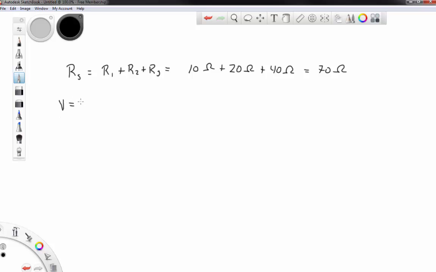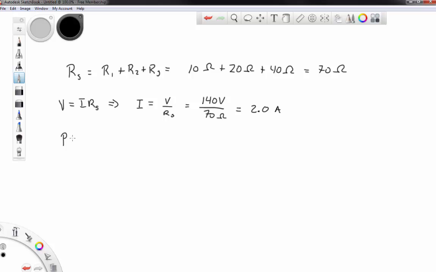Now you can use Ohm's law, V equals IR, and in this case the R is R series. That means I is equal to V over R series. So that is 140 volts, which was given, divided by the 70 ohms that we just found, and that gives you 2.0 amps.